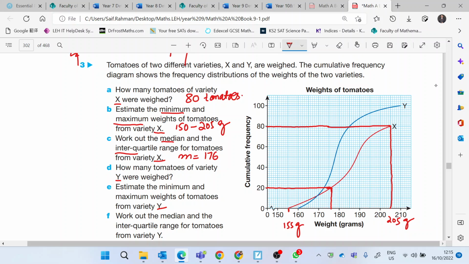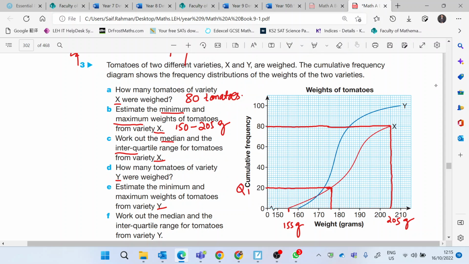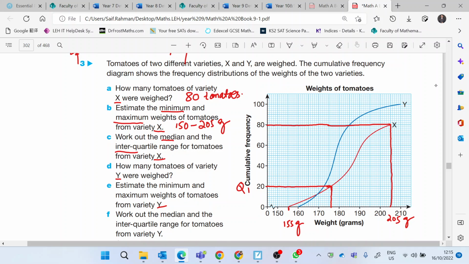This one is Q1. Okay, Q1 is equal to the 20th tomato, and its weight was 176 grams.